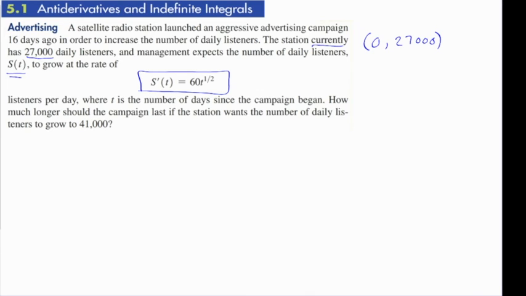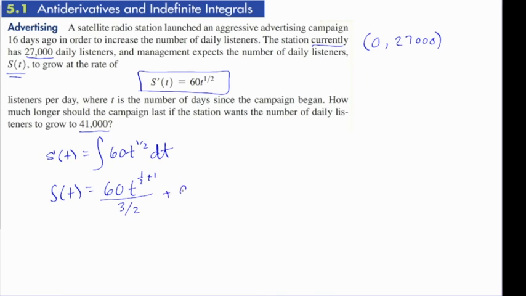How much longer should the campaign last if the station wants the number of daily listeners to grow to 41,000? Well, we see that s of t is equal to the antiderivative of s prime of t, which is 60t to the half power dt. We can evaluate this by using the power rule, and 1/2 plus 1 gives us 3/2, so we're going to divide by 3/2 with a plus c.